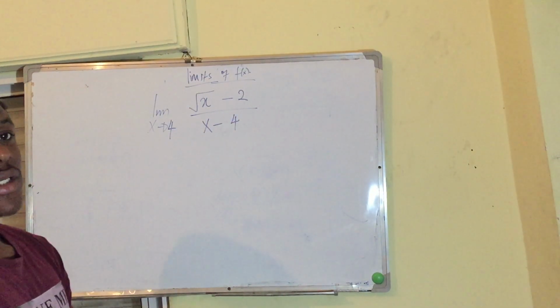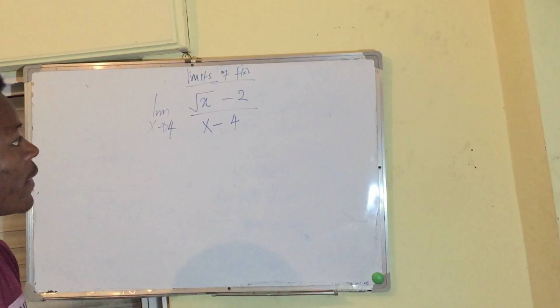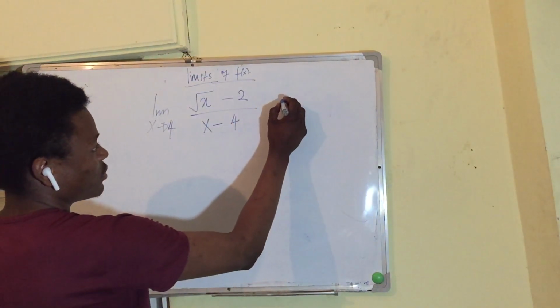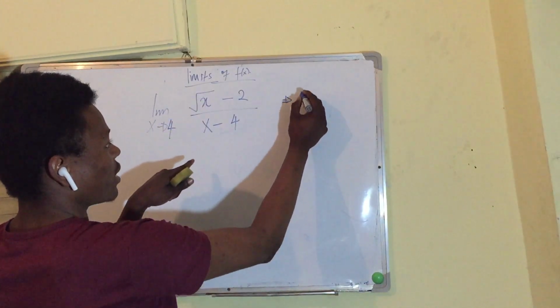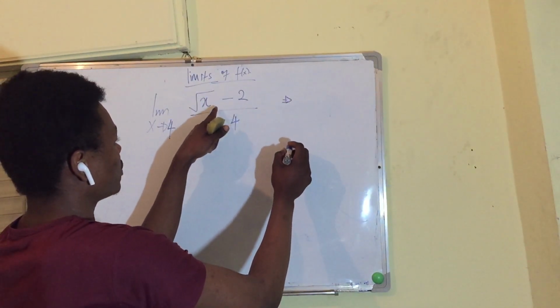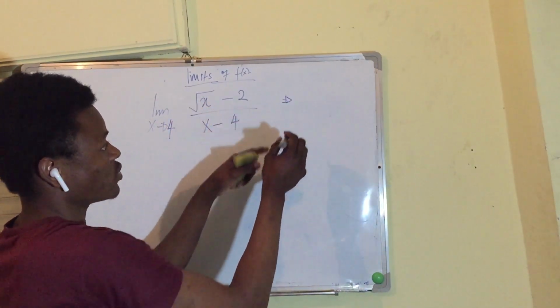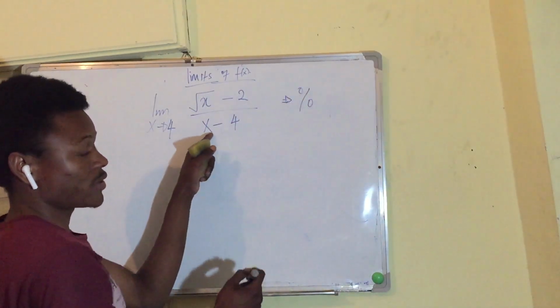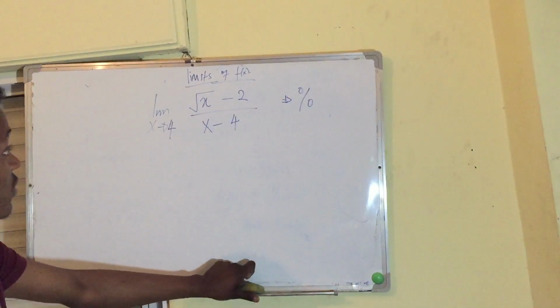What is the limit of this function? What happens if we do direct substitution: square root of 4 is 2, so 2 minus 2 is 0, over 4 minus 4 which is 0, because x is equal to 4.